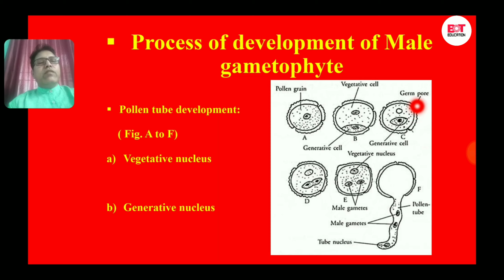The generative cell divides, forming two male gametes as shown in this figure. Later, the pollen grain germinates, and through this germ pore the pollen tube develops, and from the generative nucleus the two male gametes are synthesized.